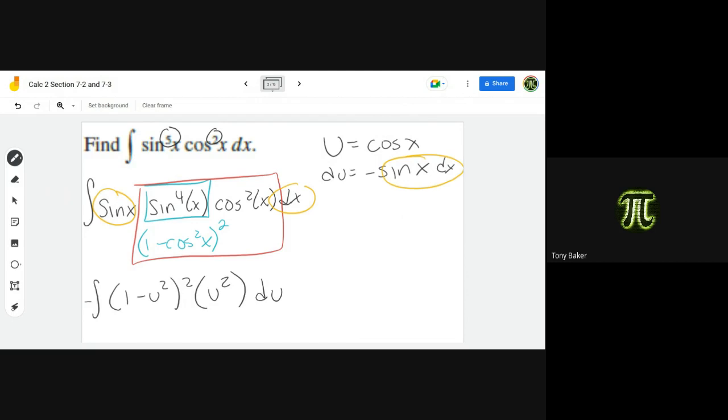All right, so now that we've got it in terms of that, we can FOIL this all out. So 1 minus u squared becomes 1 minus 2u squared plus u to the fourth. And then we have it times u squared. So I have the integral of u squared minus 2u to the fourth plus u to the sixth du. That kind of sucks.